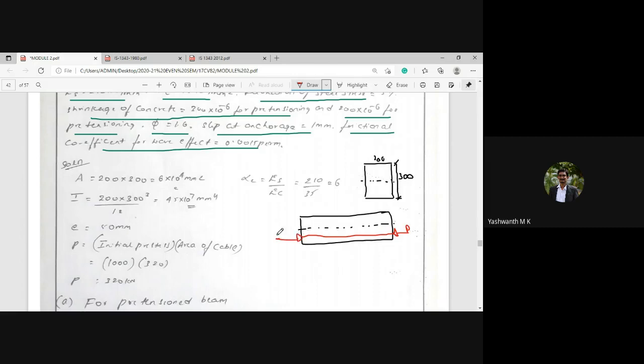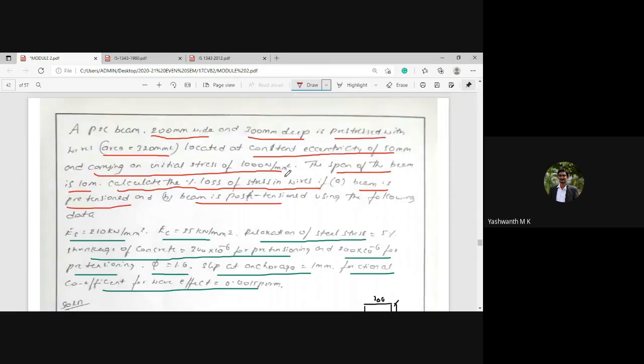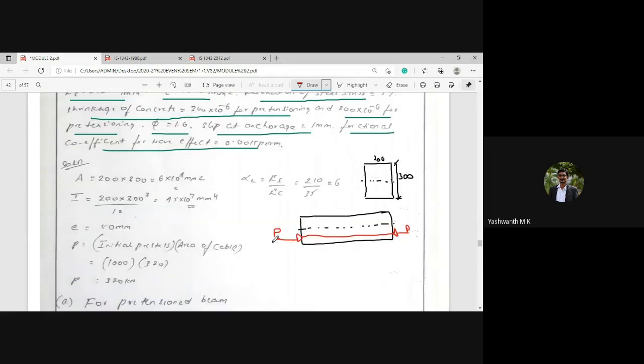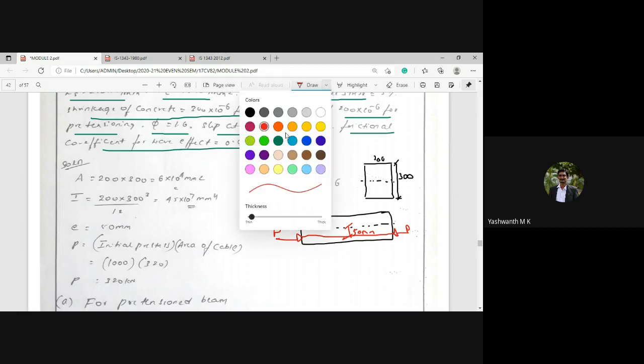No change in the eccentricity, which indicates it is a straight cable. So instead of mentioning it is a straight cable, this is one more way they can mention constant eccentricity. That means throughout the length of this beam, the eccentricity will be 50 millimeter. Is it clear? Fine. So let me proceed with the problem.